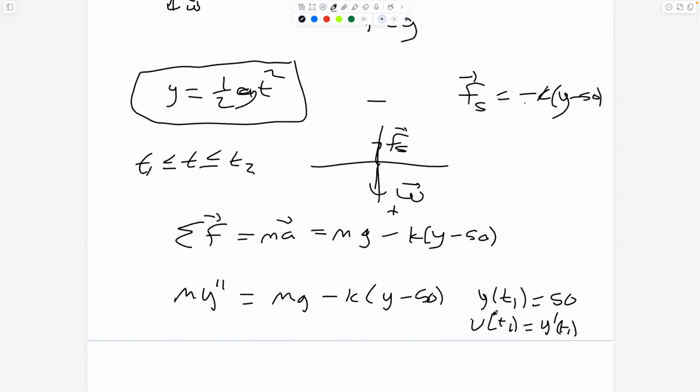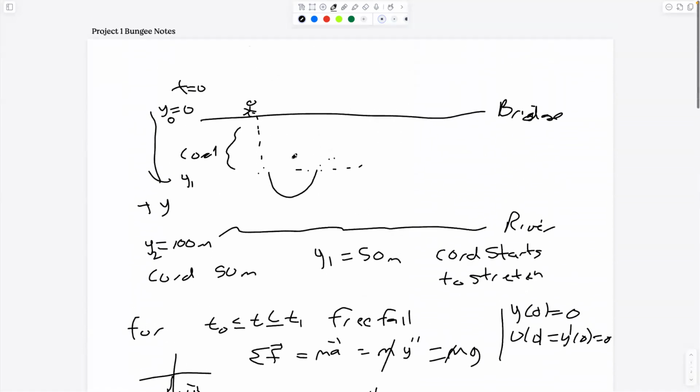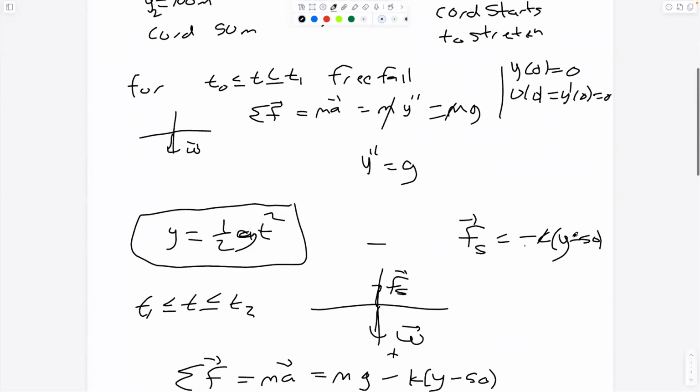So we're going to have to find this. We're going to have to figure out how long it takes to reach where the cord starts stretching, but that's pretty easy.